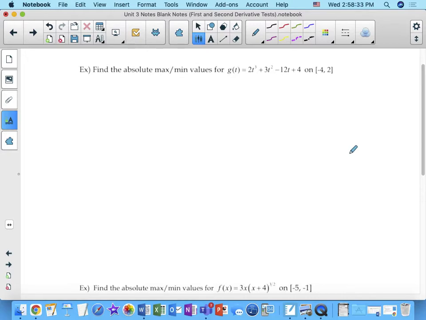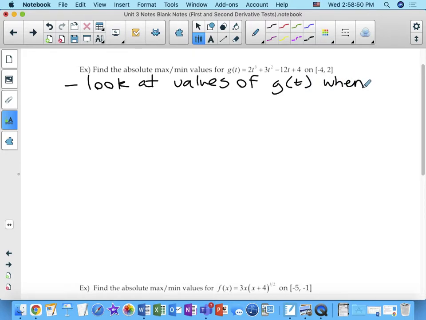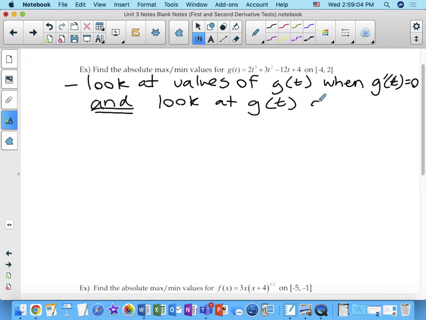So we've got to look at the values of g of t when g prime of t equals 0, and look at g of t at the endpoints.